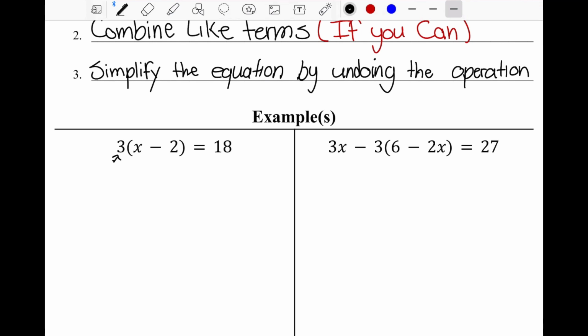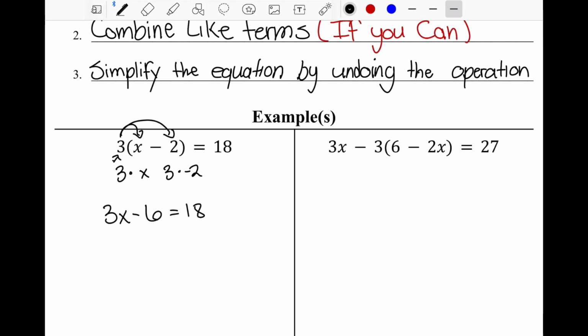So this 3 is on the outside of that set of parentheses, and I'm going to distribute that 3 to everything on the inside. What that means is I'm going to do 3 times x, and I'm going to do 3 times negative 2. I'm going to do that first. That's step 1. That gives me 3x, and 3 times negative 2 gives me negative 6. And I can bring my equal sign down.